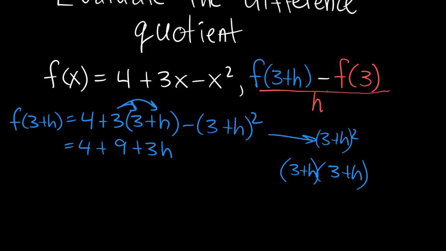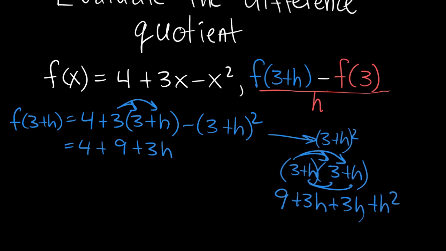And if you distribute this, that is 3 times 3, which is 9. This is 3 times h, which is 3h. This is h times 3, which is also 3h. And then that's h times h, which is h squared. And 3h plus 3h is 6h. And then that's plus h squared and 9.